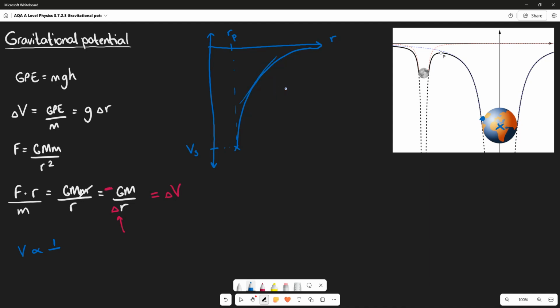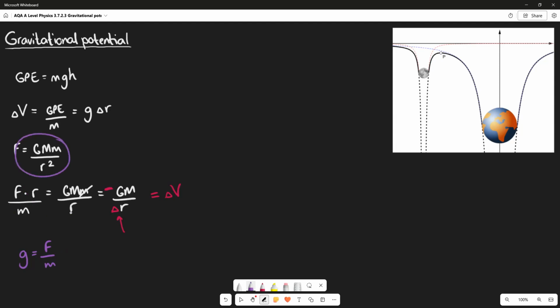The gradient of the line is going to be the rise divided by the run. The rise is the change in gravitational potential, and the run is the change in radius. That's this relationship over here, which is equal to the gravitational field strength. We know that gravitational field strength is F over m, which is here in this formula, or we can get it from Newton's law.